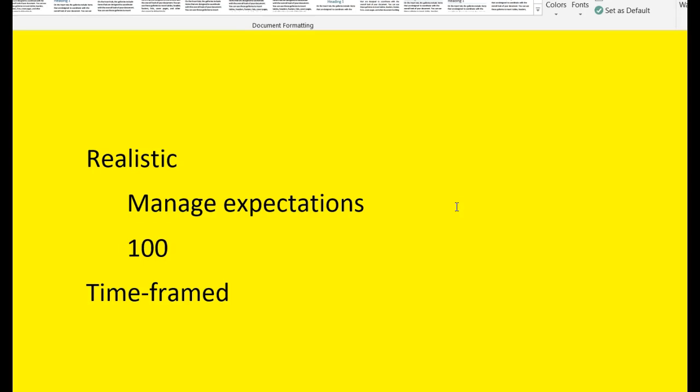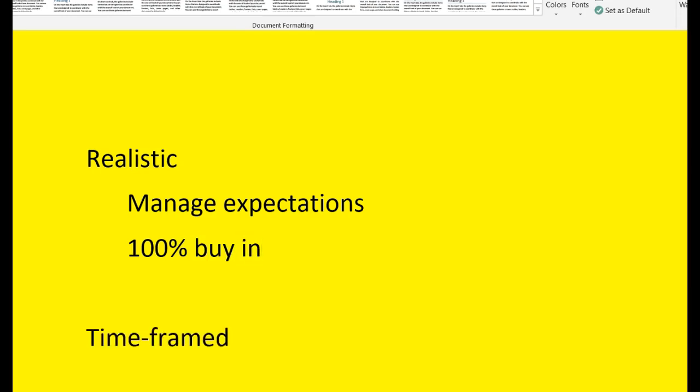I mean, is your team even behind you on this? How important is it to the overall organization? Will it align with the organization's strategic goals?